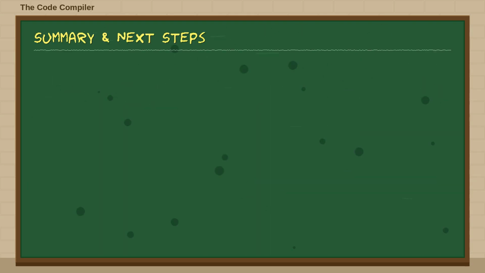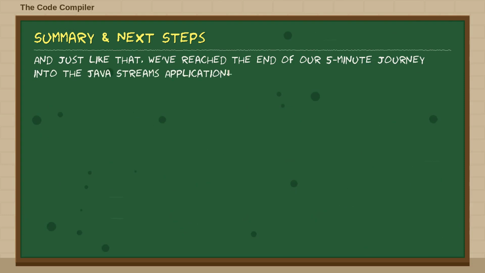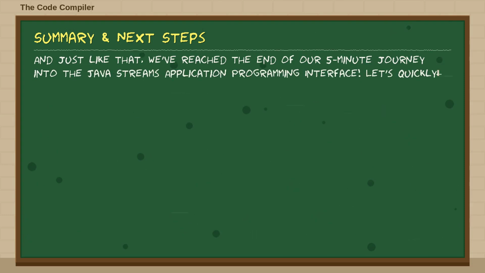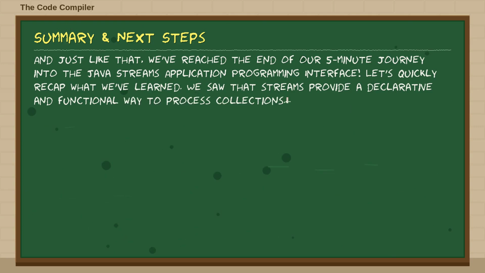And just like that, we've reached the end of our 5-minute journey into the Java Streams application programming interface. Let's quickly recap what we've learned. We saw that streams provide a declarative and functional way to process collections.